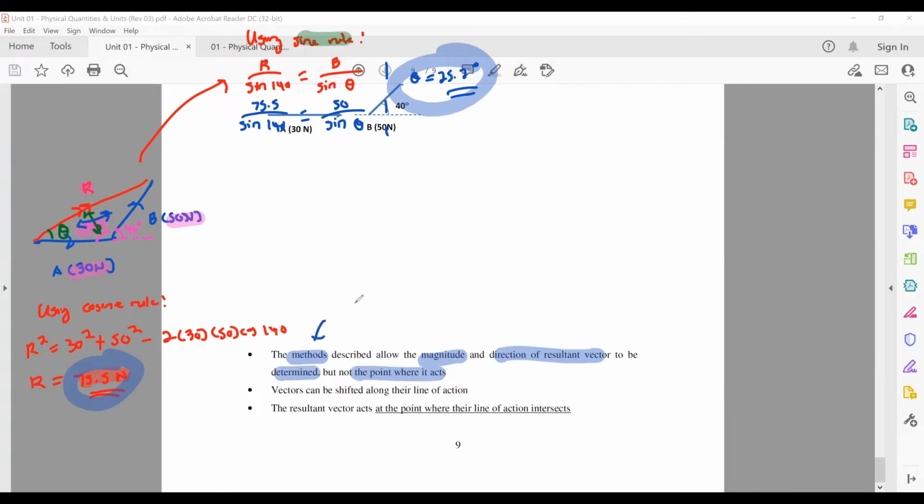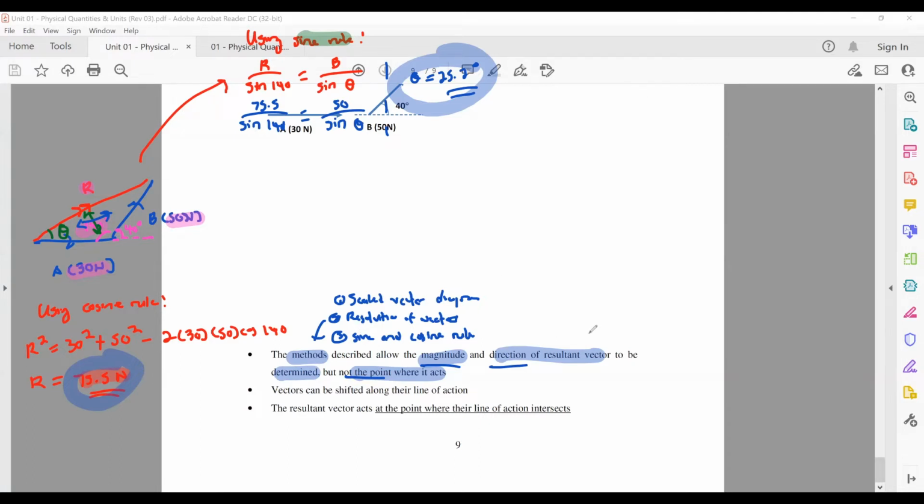The methods that I mentioned here are your scale vector diagram, then resolution of vectors, and then lastly the sine and cosine rule. You use any one of these methods, you can find the magnitude, you can find the direction, but it won't really tell you the point where the resultant vector acts.